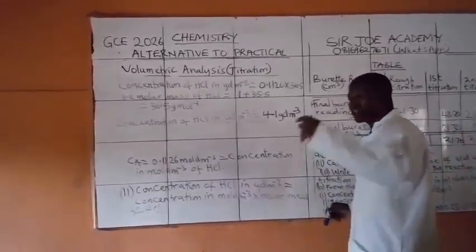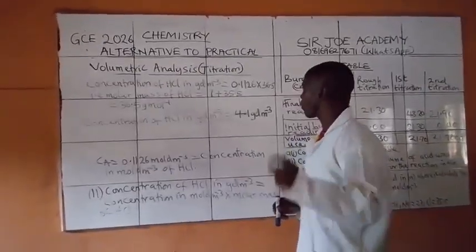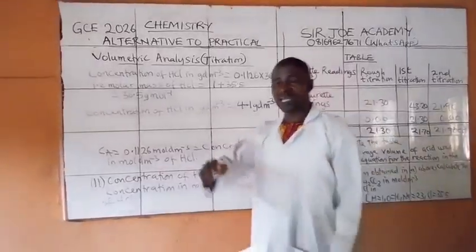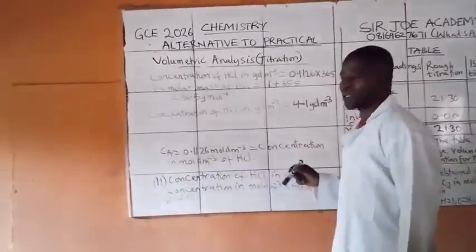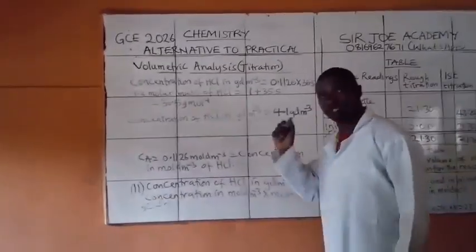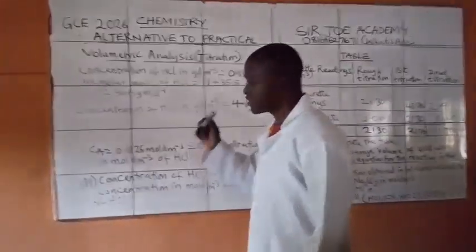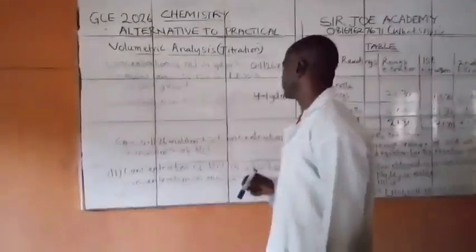Concentration in gram per dm cube is equal to concentration in mole per dm cube times molar mass. And concentration in mole per dm cube is equal to concentration in gram per dm cube divided by molar mass.